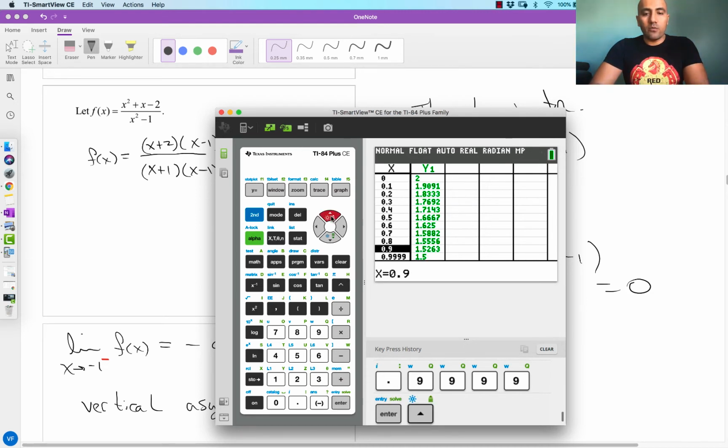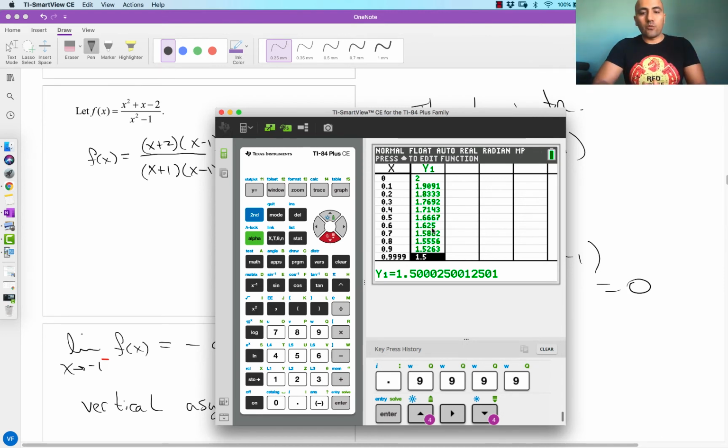Well, okay, so we can see that the same thing is happening. As I approach 1 from the other side, the output values are also getting closer and closer to 1.5. So from both directions, they're approaching 1.5.